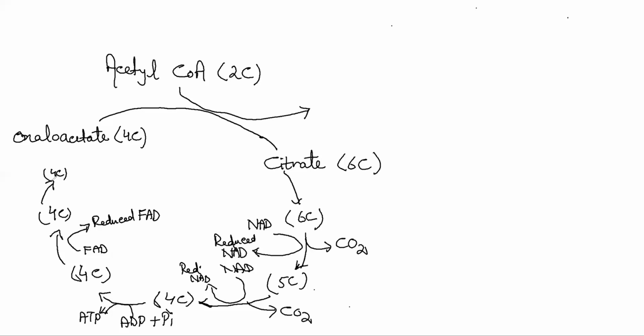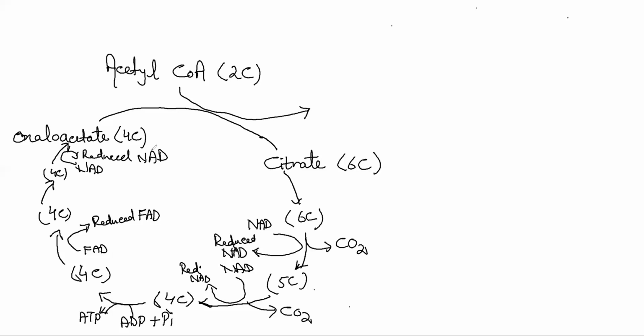Okay, and then ultimately this 1 2 3 4 changes into oxaloacetate. So oxaloacetate is regenerated at the end of the cycle, and at this point once again one molecule of NAD gets reduced. So NAD changes into reduced NAD.